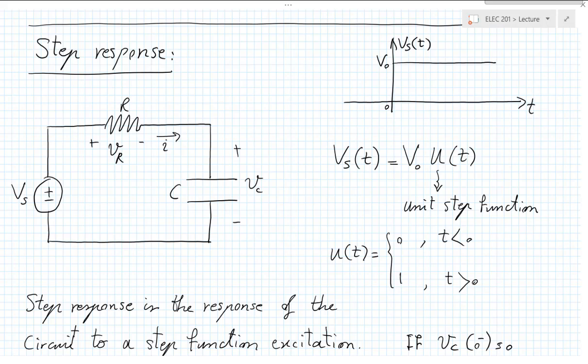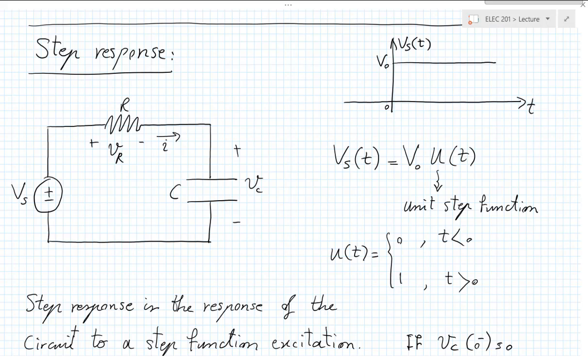And eventually, if you have no source here, so if this is 0, which means it has become a short circuit, 0 voltage drop, eventually all the charge in this capacitor will dissipate. Now, imagine V naught was 5 volts, and after time t, this capacitor had charged up to 4.5 volts, right?